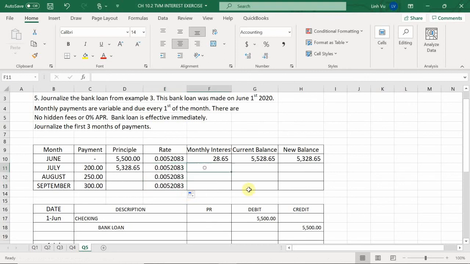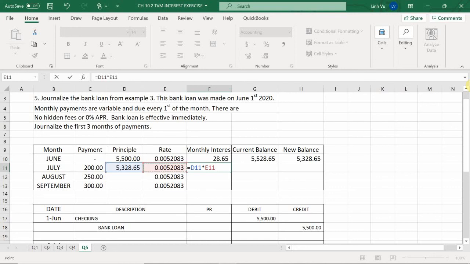Okay. But now let's go ahead and calculate what the monthly interest I'm going to be collecting here. So what is my new principal of the $5,328.65, right? It's always going to be based on after the payment is made. It's going to be compounded, which means it's going to just accrue interest on top of interest on top of interest, okay?